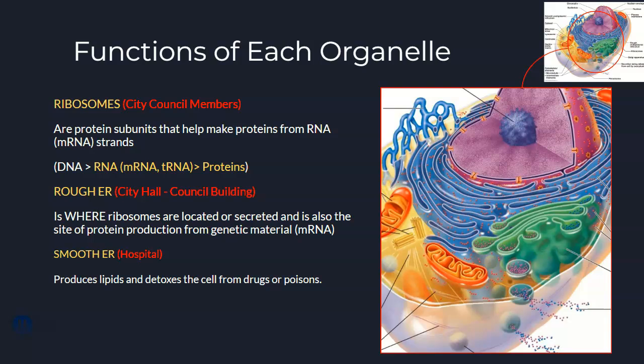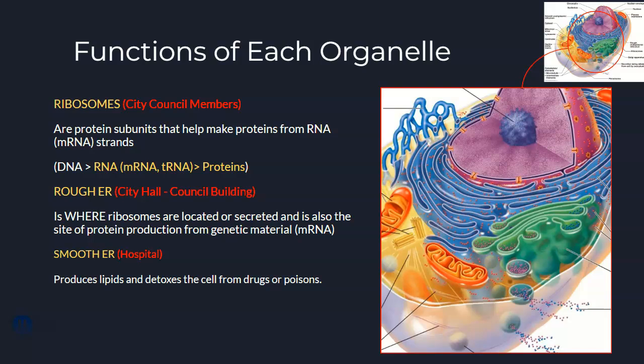So ribosomes are proteins themselves, but they also help to make other proteins from the mRNA strand that leaves the nucleus. And here is the process that we see: DNA to RNA to proteins. So the goal from coding DNA is to make a protein, and proteins are going to be made outside of that nucleus.